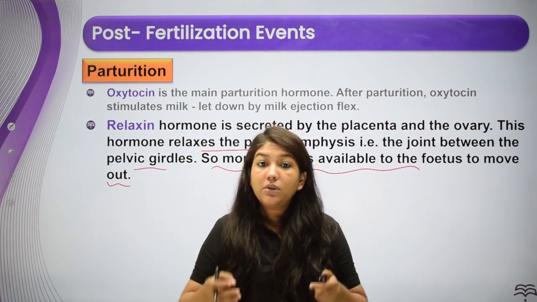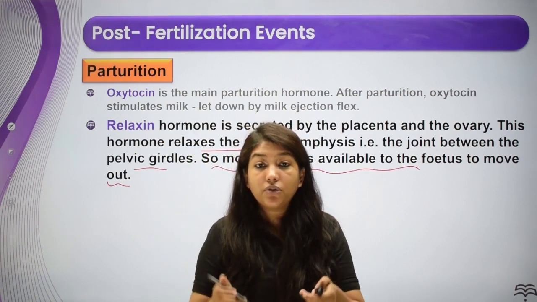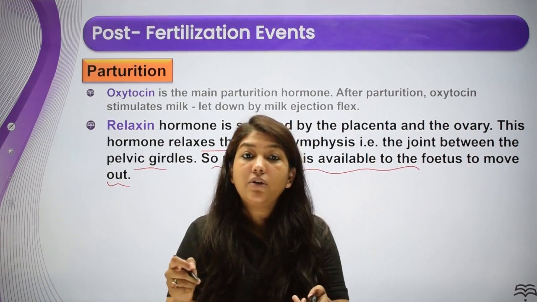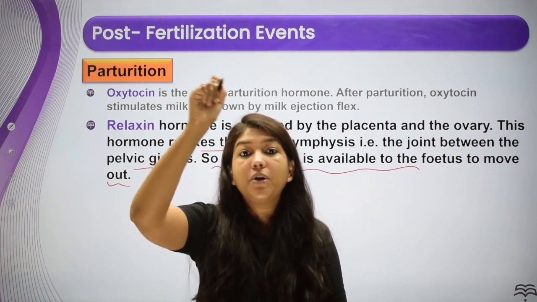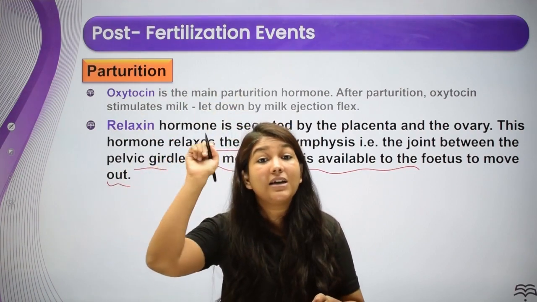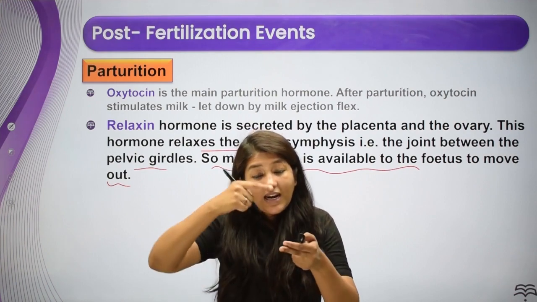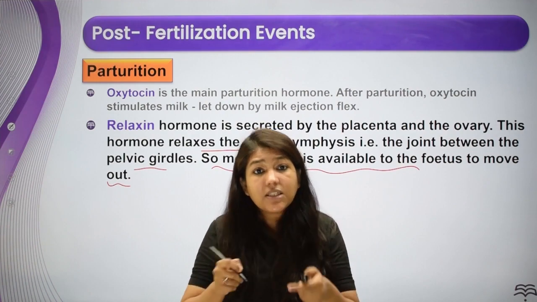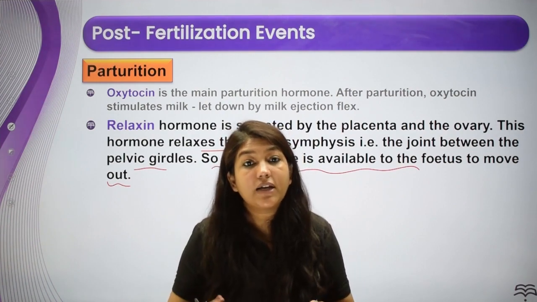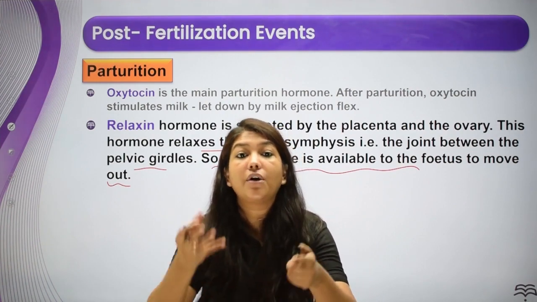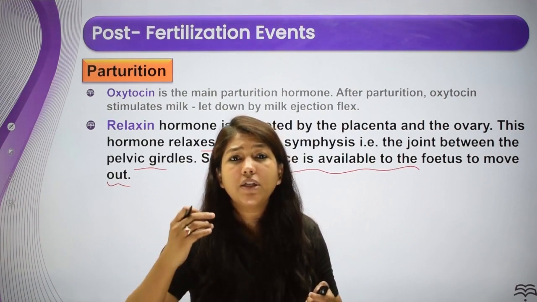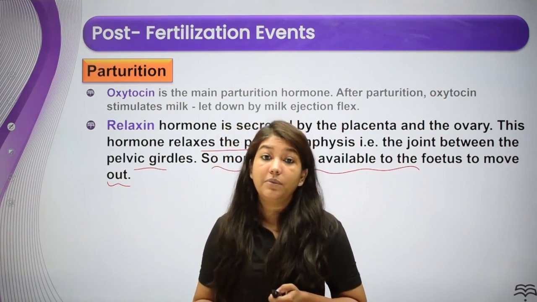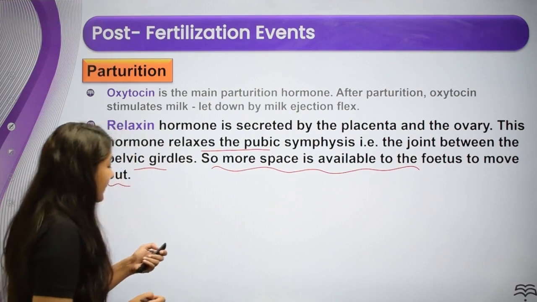More oxytocin means stronger uterine contractions. Then those strong uterine contractions will again send a positive feedback to the pituitary gland to secrete more oxytocin, and as a result of this process, what is going to happen? These muscular contractions will keep on becoming stronger and stronger. बहुत strong होते जाएंगे, and ultimately the delivery of the baby is going to happen.